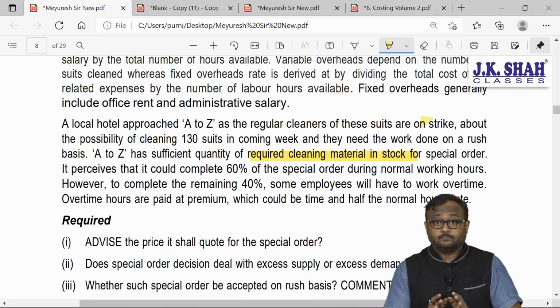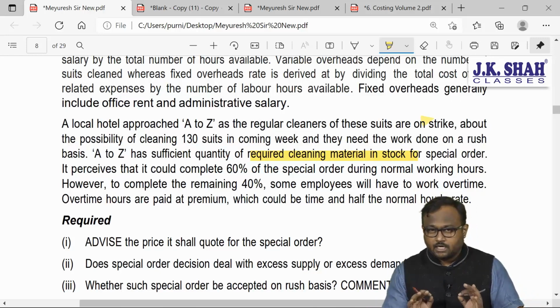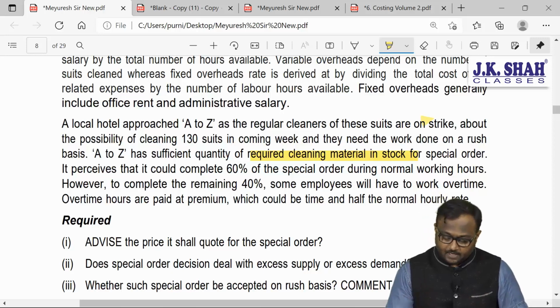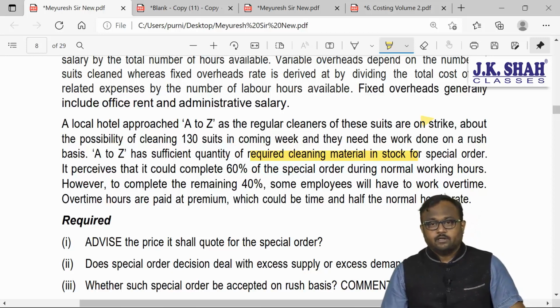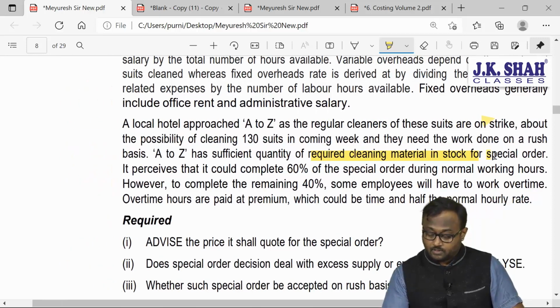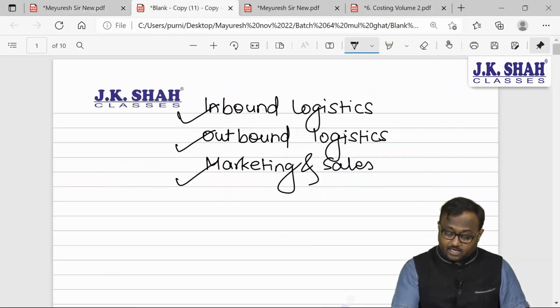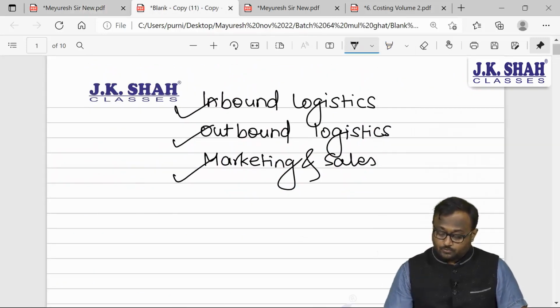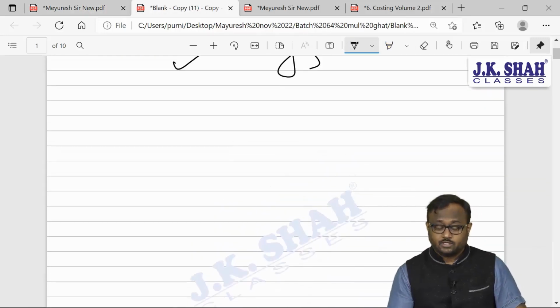Now this solution requires proper in-depth thinking. Please concentrate here. I want to determine the minimum selling price to be charged to the customer. Let's start with material. The question has said that we have a sufficient quantity of required cleaning material in stock for this special order. So if you recollect, we used to consider some chart.